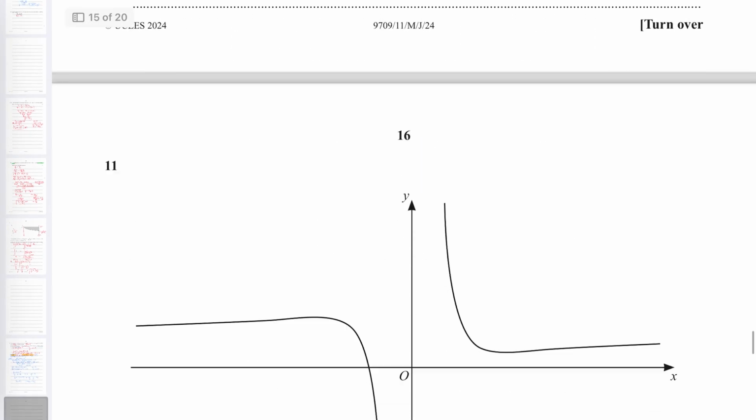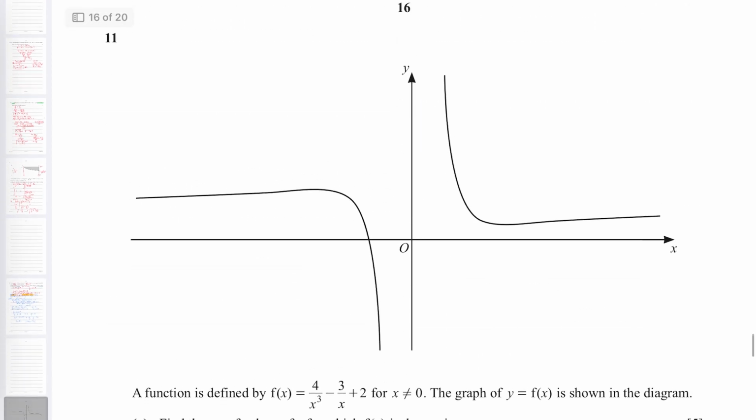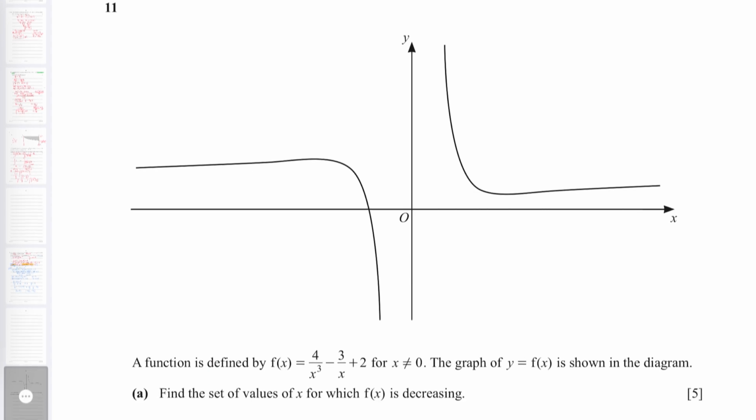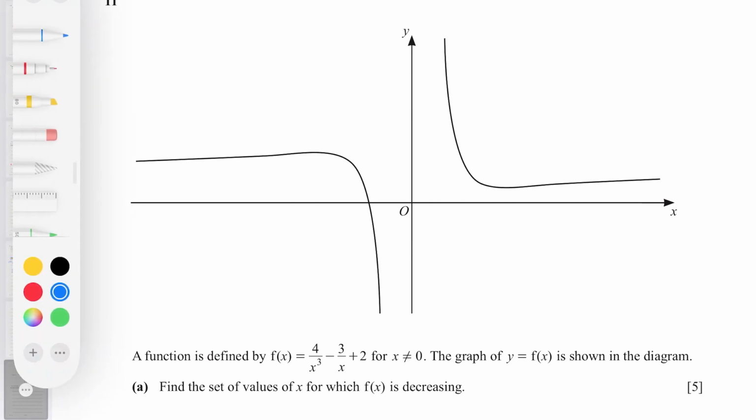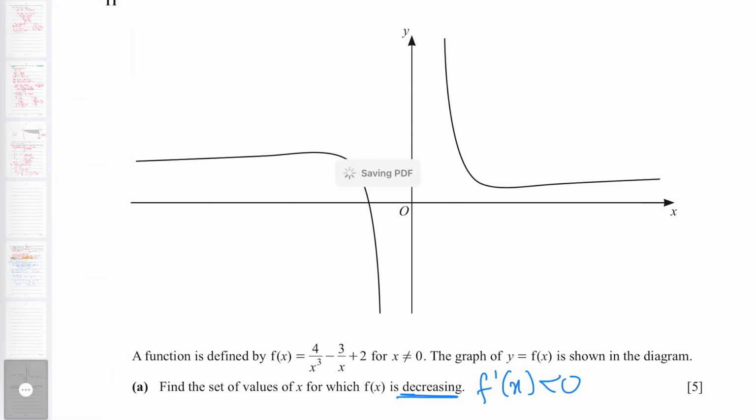Remember, as you move forward, the paper becomes challenging. Alright. Find the set of values of x for which f of x is decreasing. Decreasing means that the gradient is negative. Decreasing means f dash x is less than 0. So let's find out the gradient.